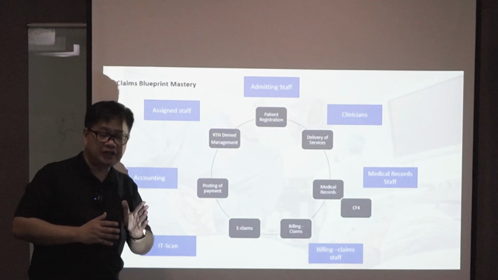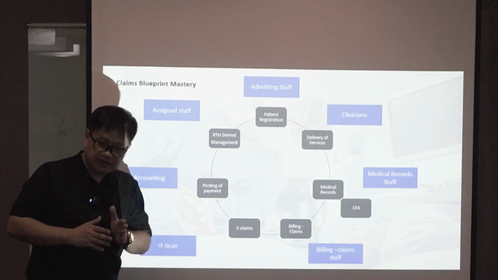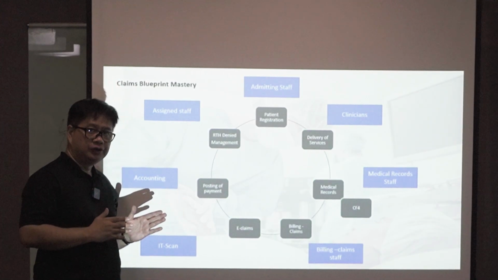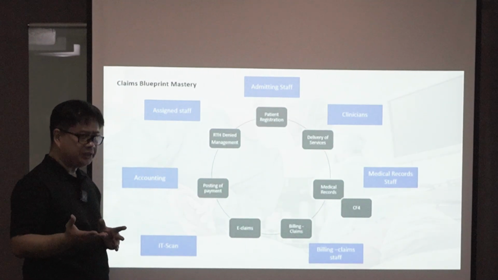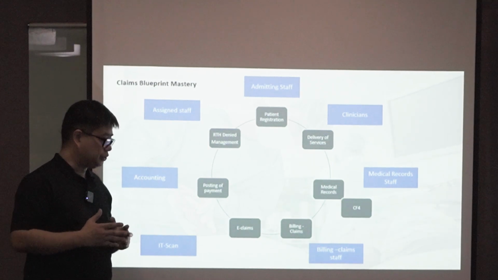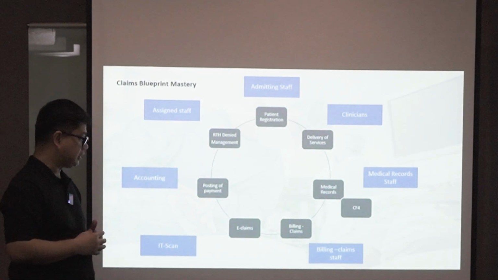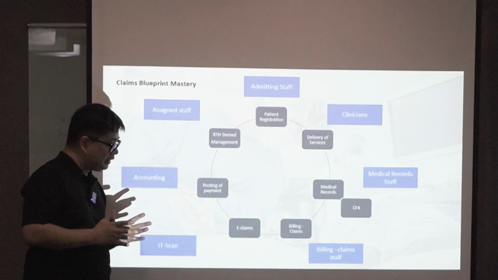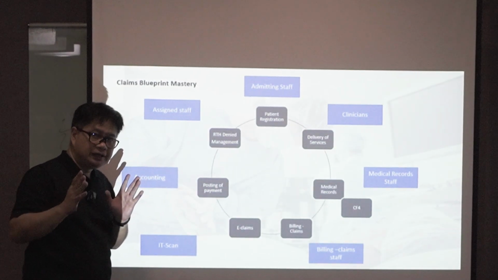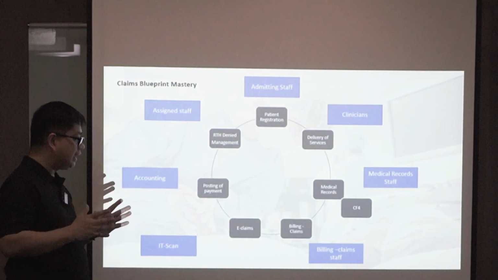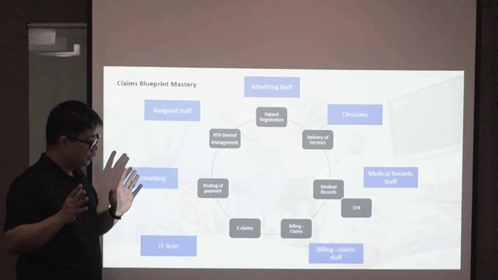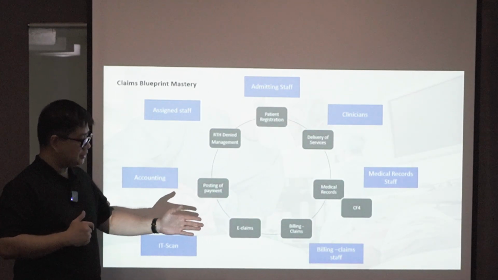You will have your CF2, you will have your CF3, and the CF4, together with the clinical chart and the laboratory results. Now, after collating, the claims people will validate the information collated in the billing office.